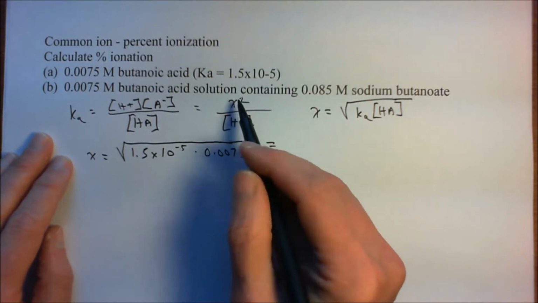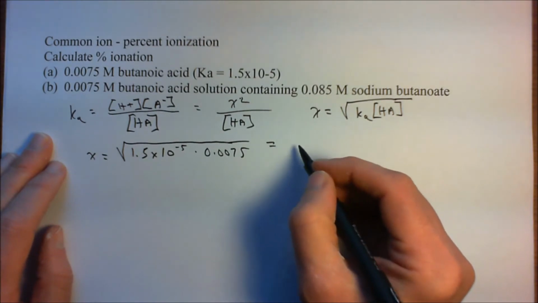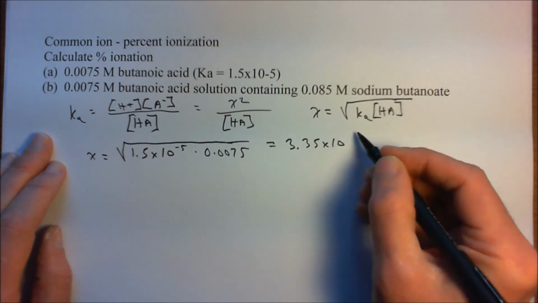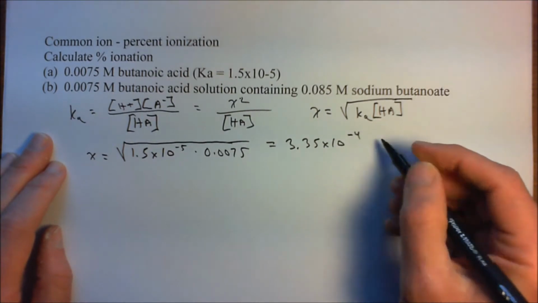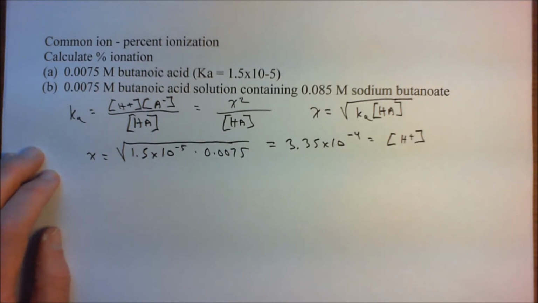And this, of course, is going to equal our H plus, and that gives me 3.35 times 10 to the minus fourth, and that's equal to our H plus concentration.